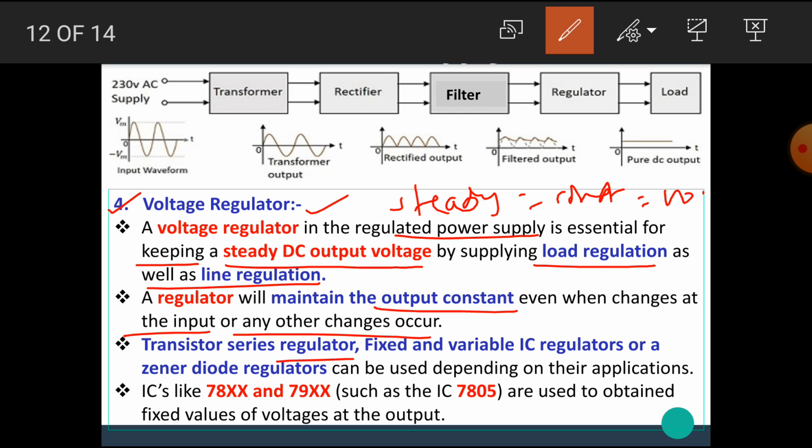Transistor series regulators, fixed and variable IC regulators, or Zener diode regulators can be used depending upon their applications. ICs like 78XX and 79XX, that means 7805 or 7812, are used to obtain fixed values of voltage at the output.